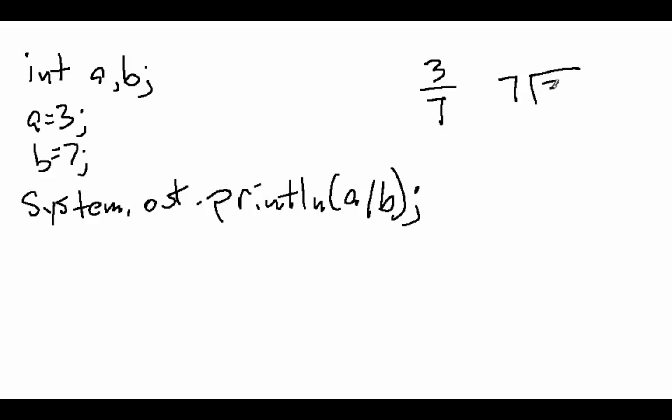If I go 7 into 3, it goes in there 0 times. In fact, 0 times 7 is 0, and I get a remainder of 3. So the output here is in fact 0.